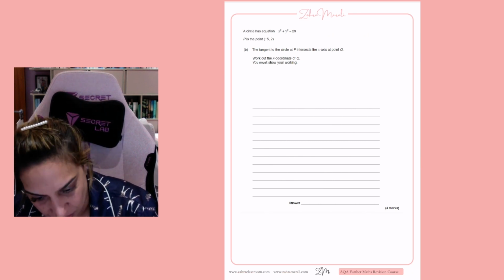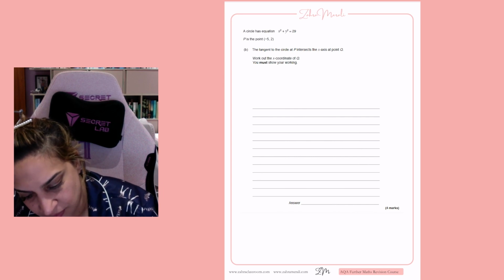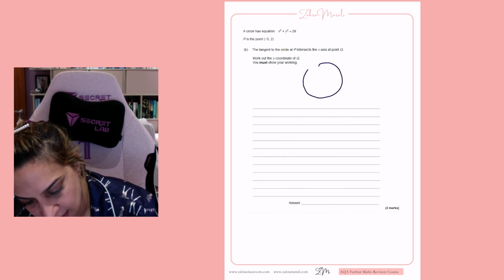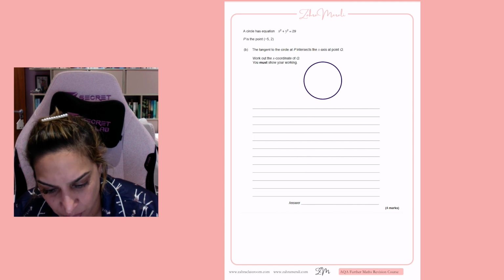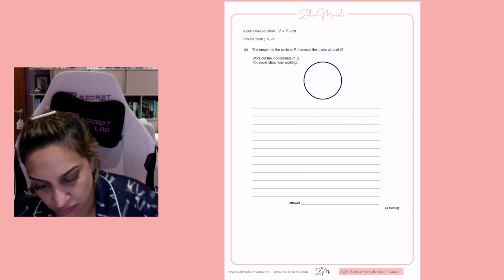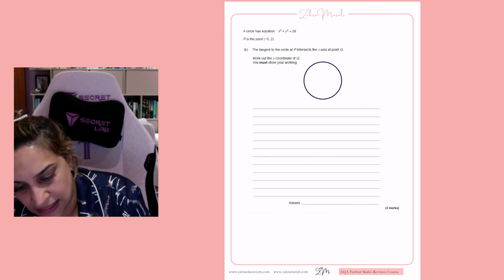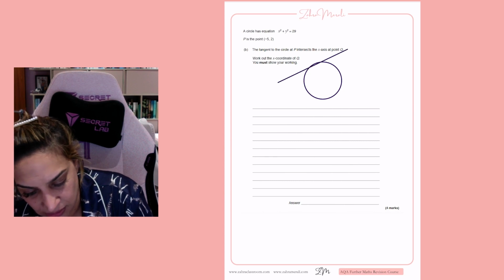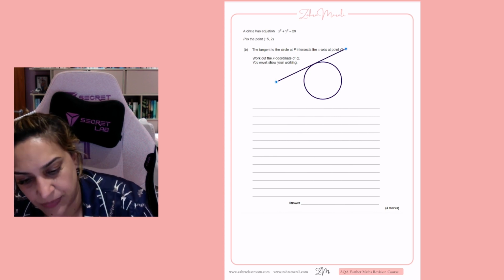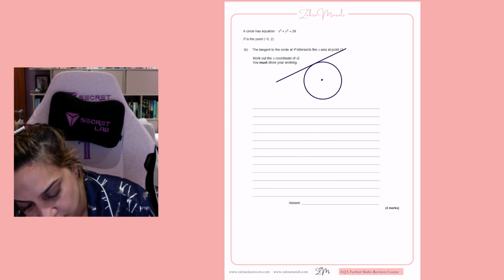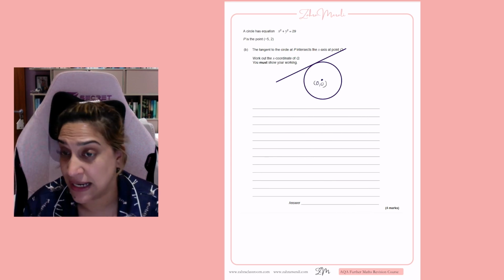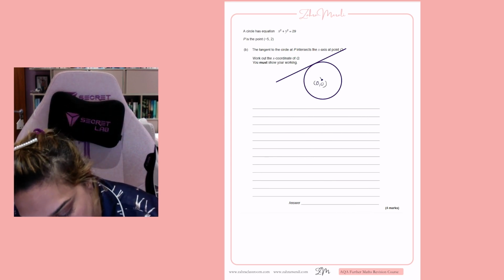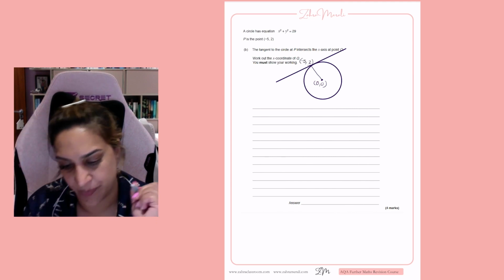So we've got a circle. We're given a circle here, and we're given a point. Let's draw the tangent here as well, because I know I'm going to need it. We've got a circle, center 0, 0, because it's just x squared plus y squared. And there's a point here, which is minus 5, 2.